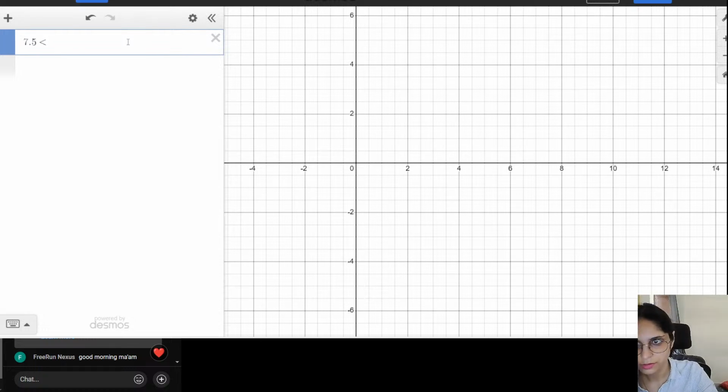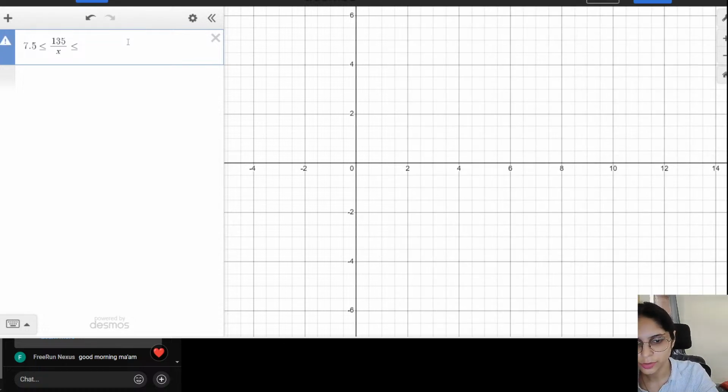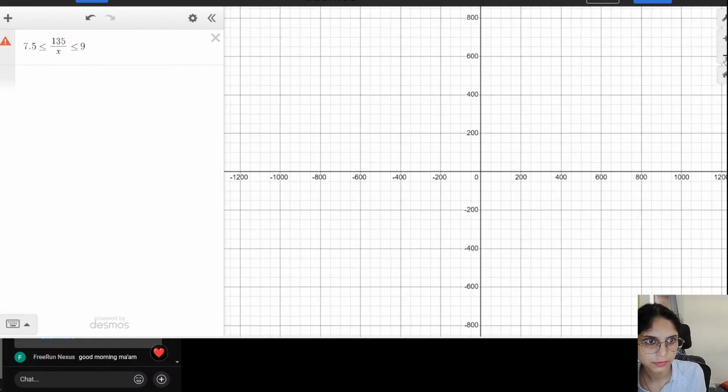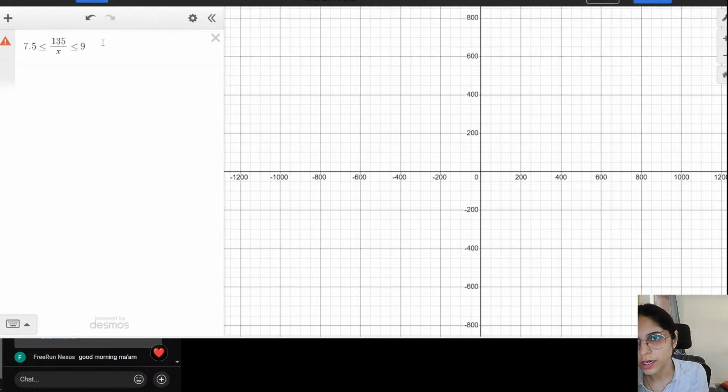7.5 less than or equal to 135 divided by x less than or equal to 9. Oh yeah, you can't write both of them in one line.